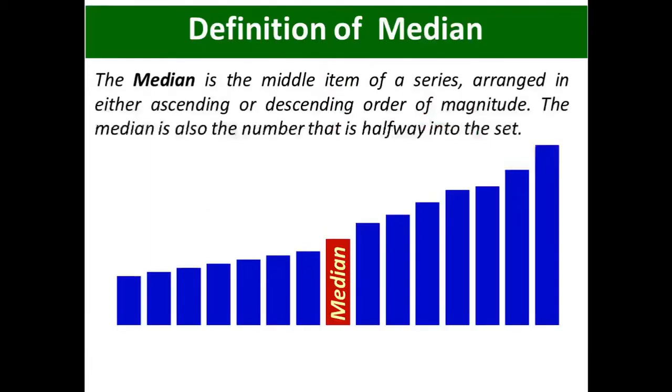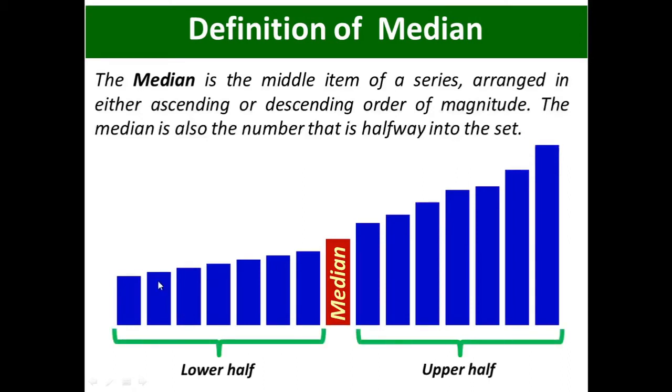Now we can define the median. The median is the middle item of a series arranged in either ascending or descending order of their magnitude, or you can say the median is also the number that is halfway into the set, where half of the items lie below this point and the other half above this point.